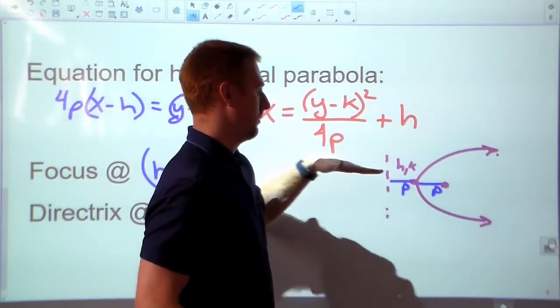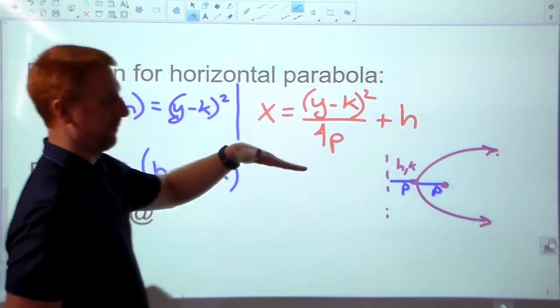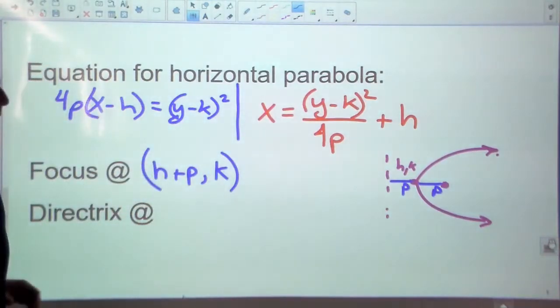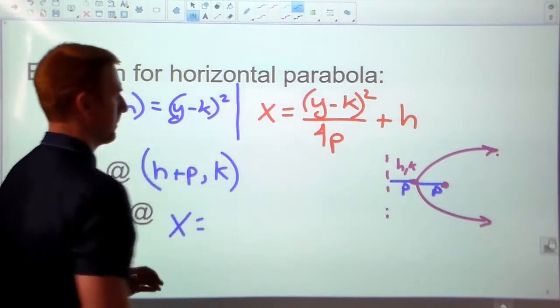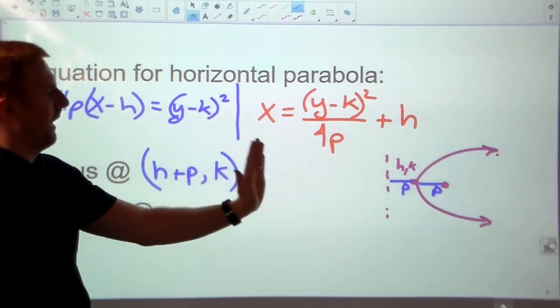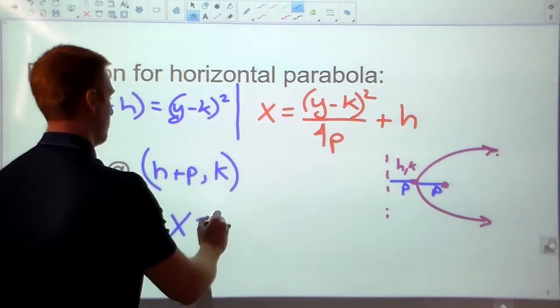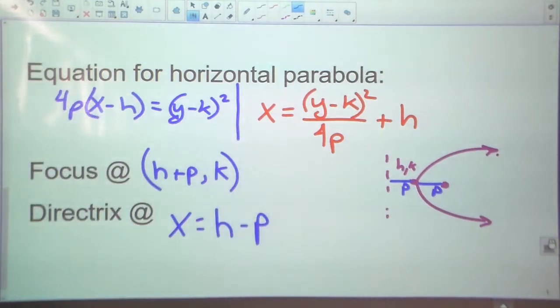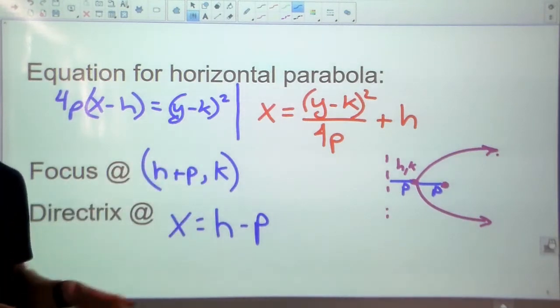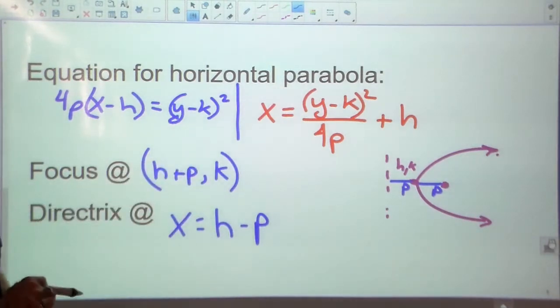You're staying the same amount up in the y direction. Your directrix, you're going to move back, but it's a vertical line, so all you care about is what x equals. And that's going to be h minus p. So those are the formal definitions if you need them for focus and directrix. You'll probably be able to get these without all the formalities, but there they are just in case.